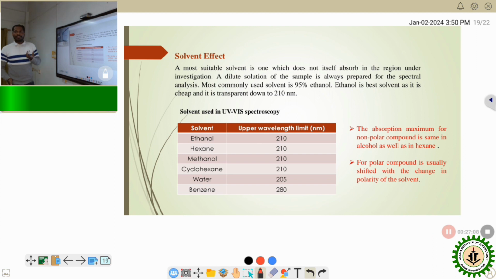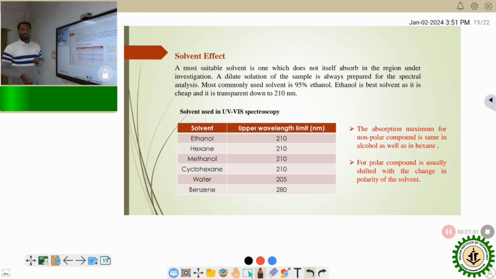Now what is the solvent effect? Which solvent is suitable for UV-VIS spectroscopy? A suitable solvent is one which does not itself absorb in the region under investigation. A dilute solution is suitable for UV-VIS spectroscopy. We may use ethanol, methanol, or water as a solvent.